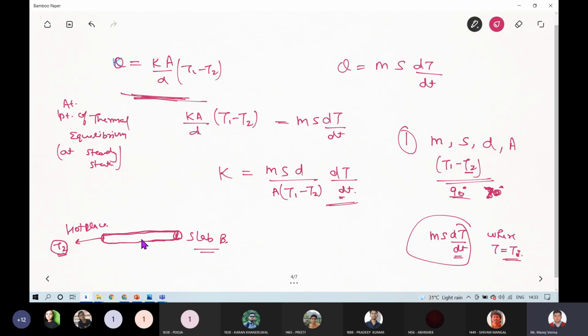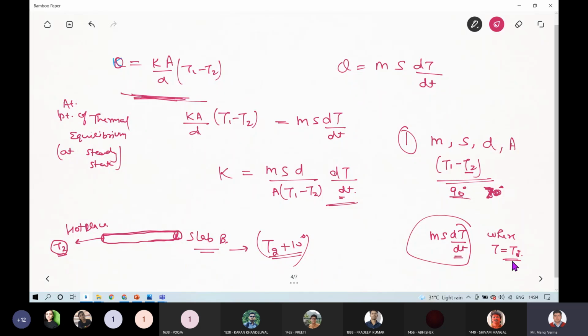We will be observing the temperature continuously, and we will go up to, let's say, T2 plus 10°. We will heat this slab B alone up to a temperature which is greater by 10° than this equilibrium temperature T2.